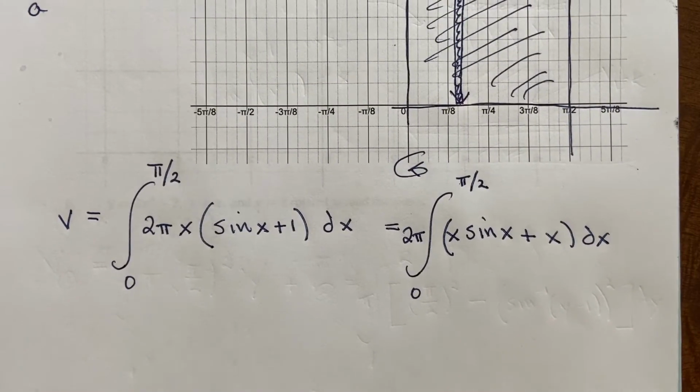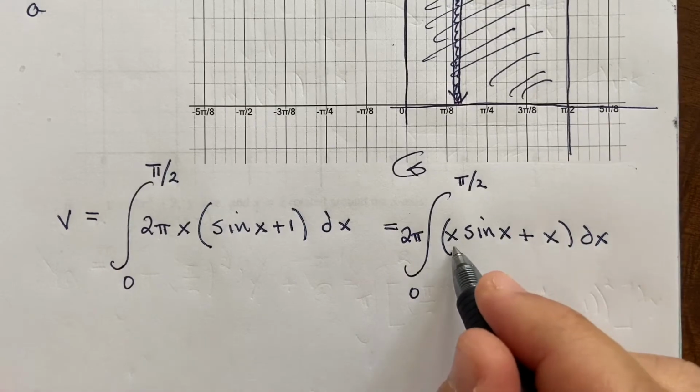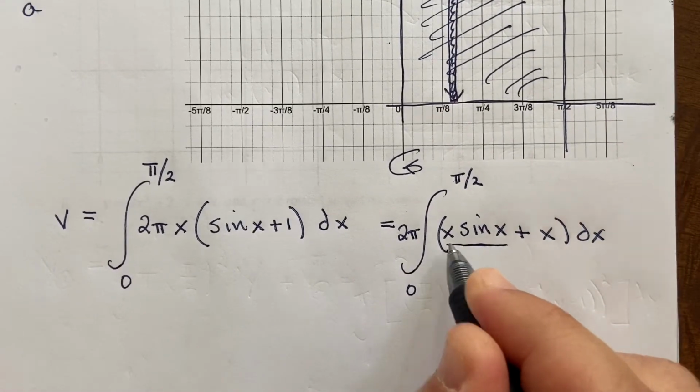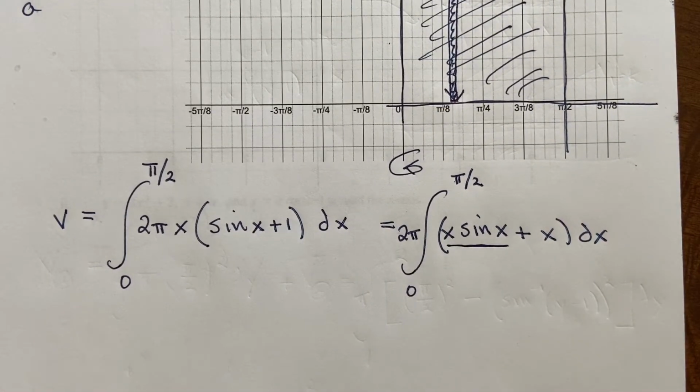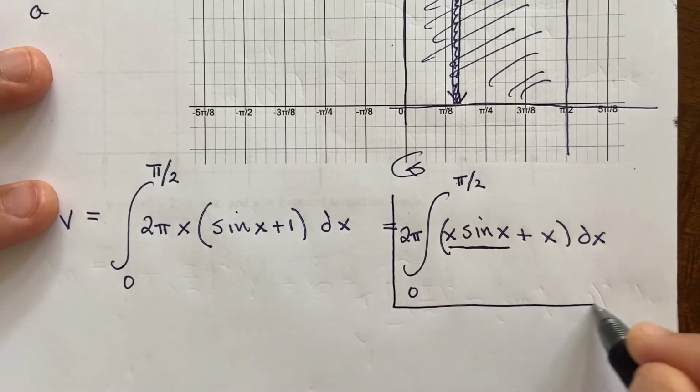All right. So I think I'm going to wait to actually evaluate this, because to actually evaluate this one, we need something from a different section. So this would be, though, the volume.